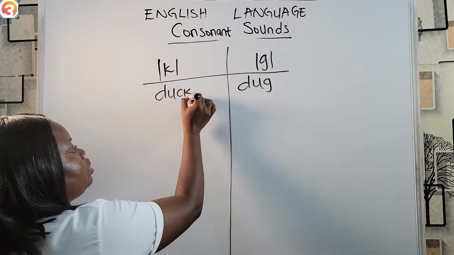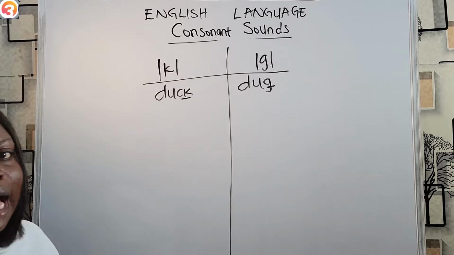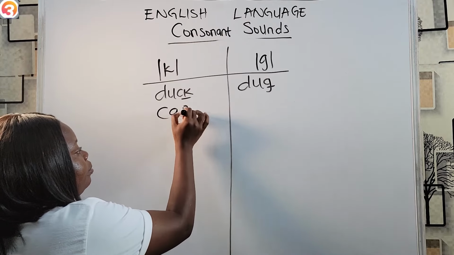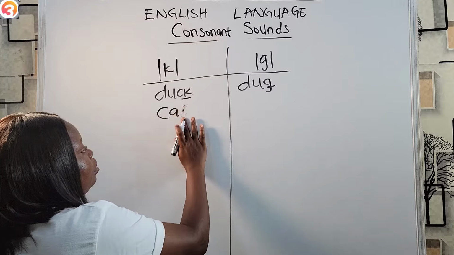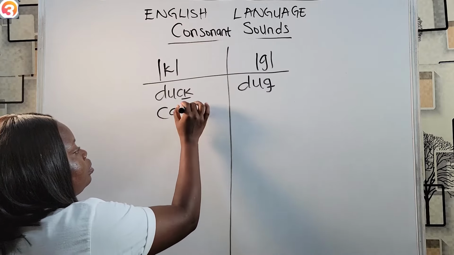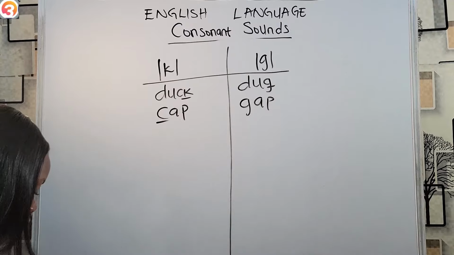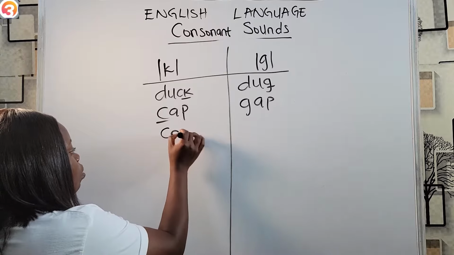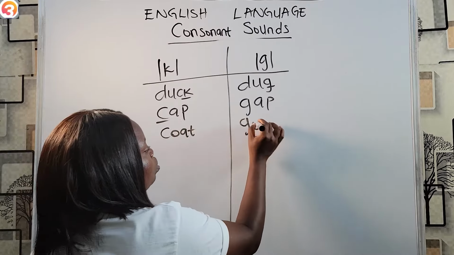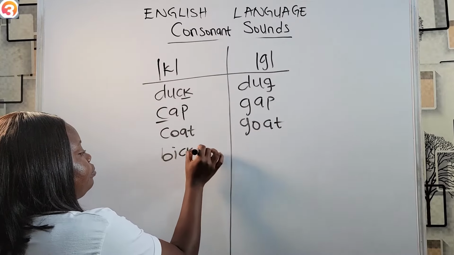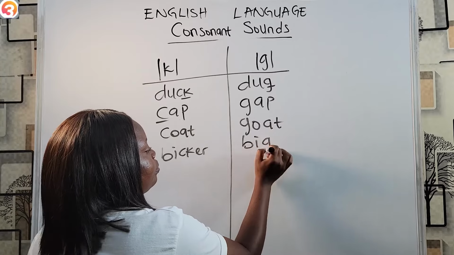So the difference here is in the consonant sounds at the end. Other words we have cap. Sorry, we are dealing with the K sound, cap and gap. Here we have coat, goat. We can have bigger and bigger.